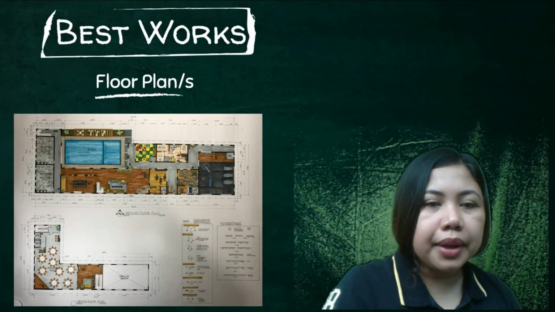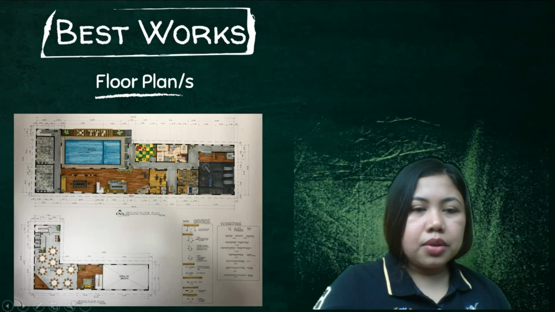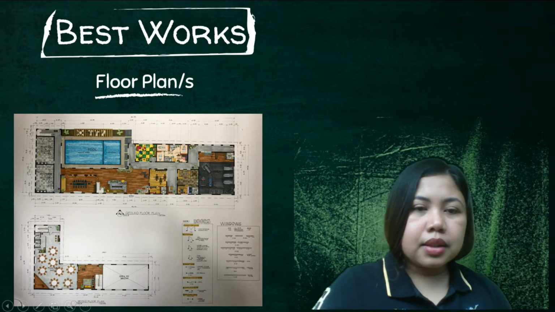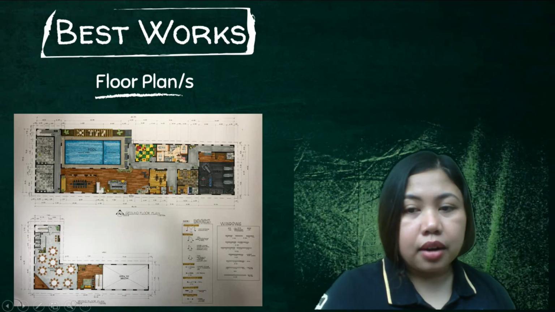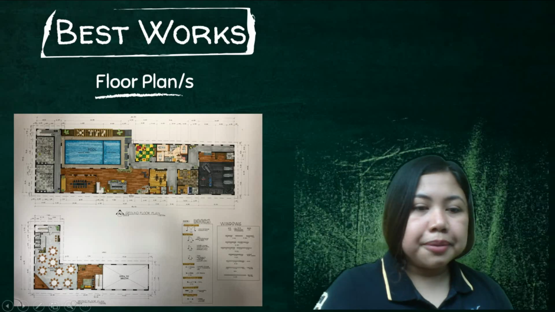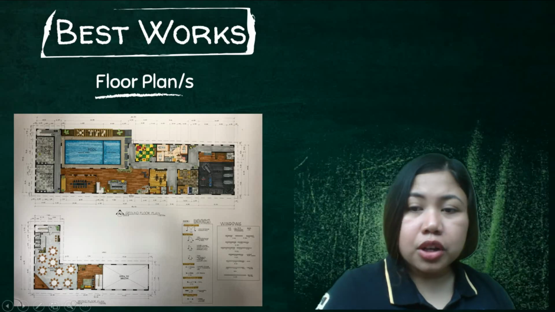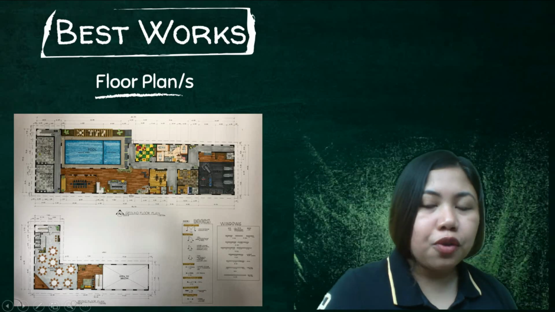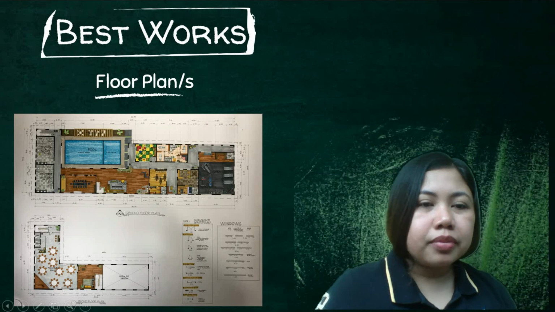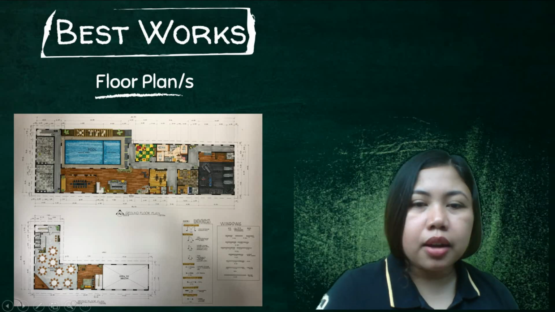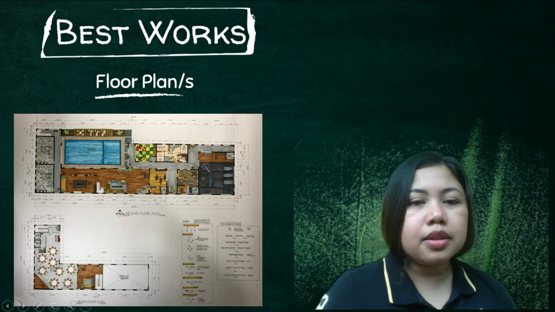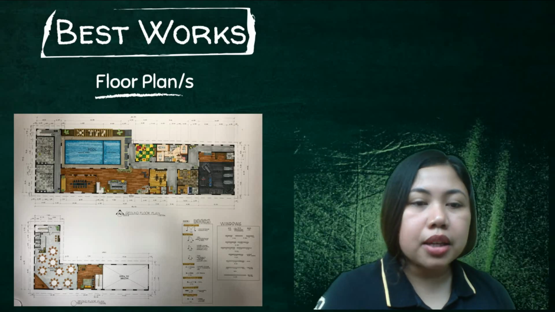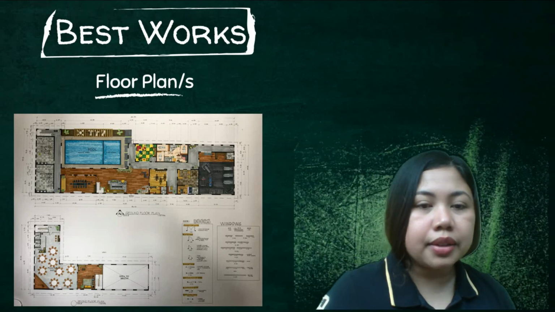So floor plan. Okay, so there are symbols here. The renderings are good. The furnitures are in detail. In terms of planning, there is a clear segregation of quiet areas and noisy areas, public areas to private areas.